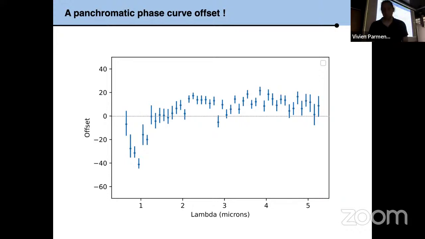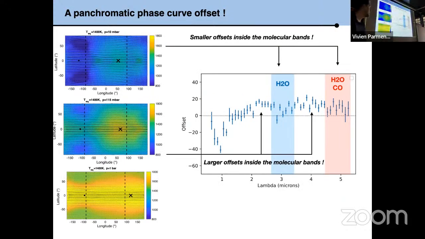What we think is happening, and let's go there in the infrared for now, is that inside my molecular bands, water and CO here, I'm seeing layers that are at lower pressure in the atmosphere. And as it happens in the GCMs, because you're at lower pressure, it's easier for the radiation to go out.